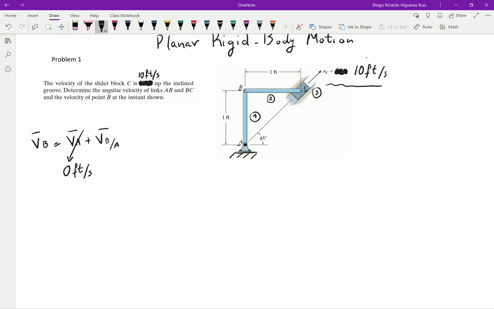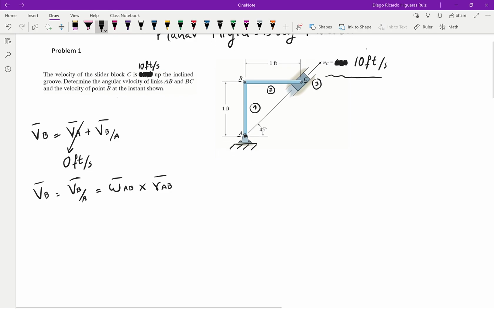So we can say that the velocity of B is equal to the velocity of B with respect to A, and the velocity of B with respect to A is equal to omega AB cross product RAB. That's a vectorial equation.